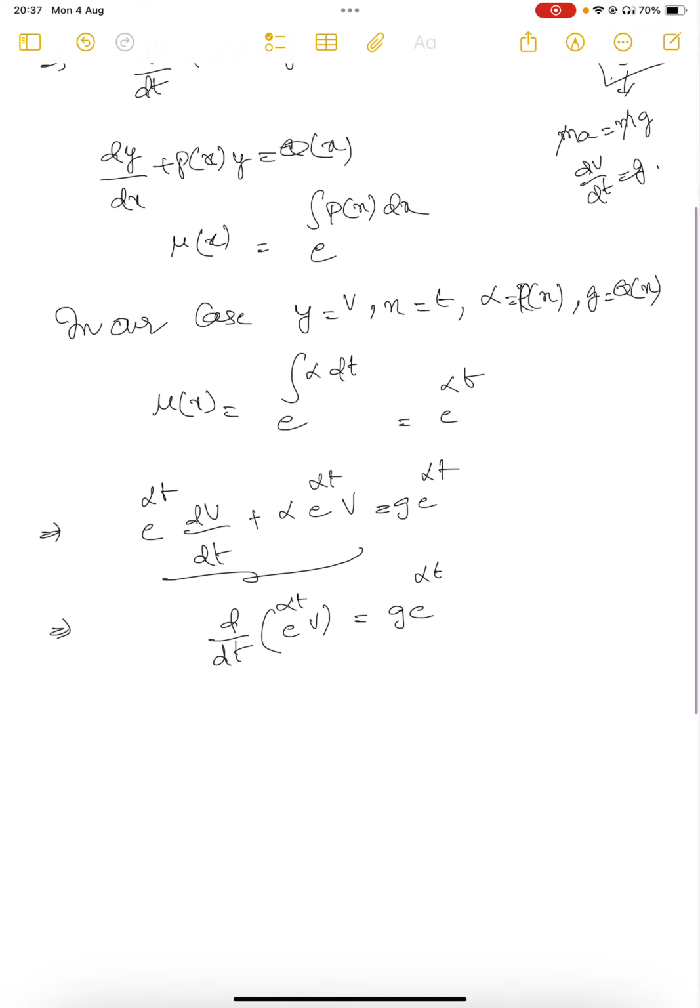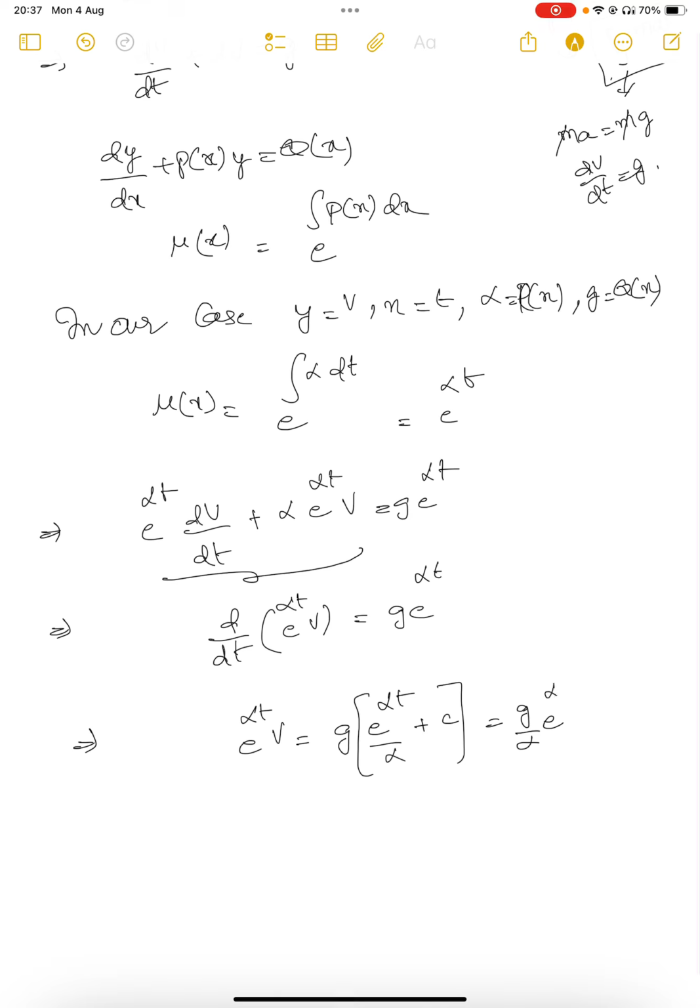If you integrate on both sides, it will be e power alpha t into v equals g into e power alpha t by alpha, plus some constant c, which will be determined by the initial conditions. So it will be g by alpha e power alpha t plus gc.